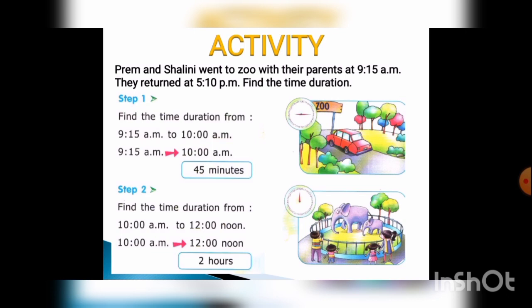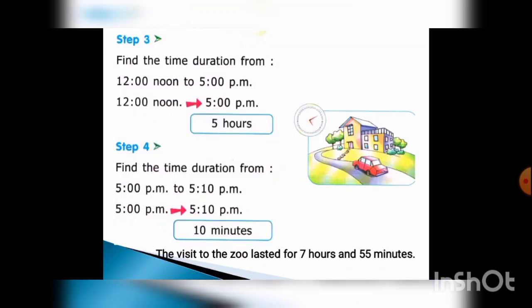Now, next duration of time is 10 to 12 noon. That time duration is 2 hours. Next, time duration from 12 noon to 5 p.m. that is 5 hours. And the last one, the time duration from 5 to 5:10 p.m. that is 10 minutes.